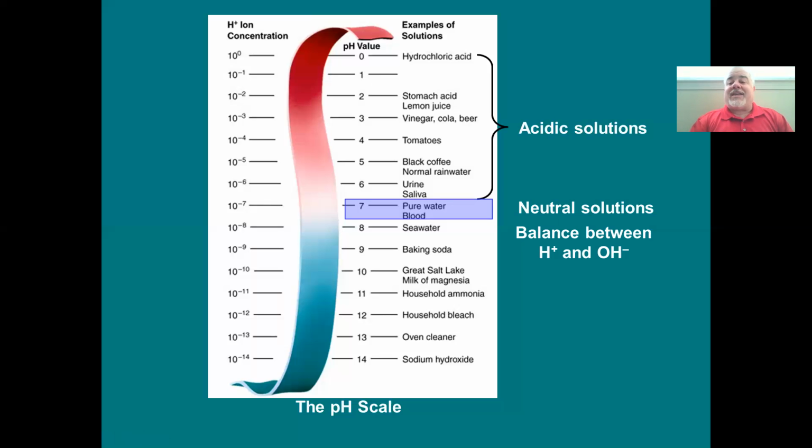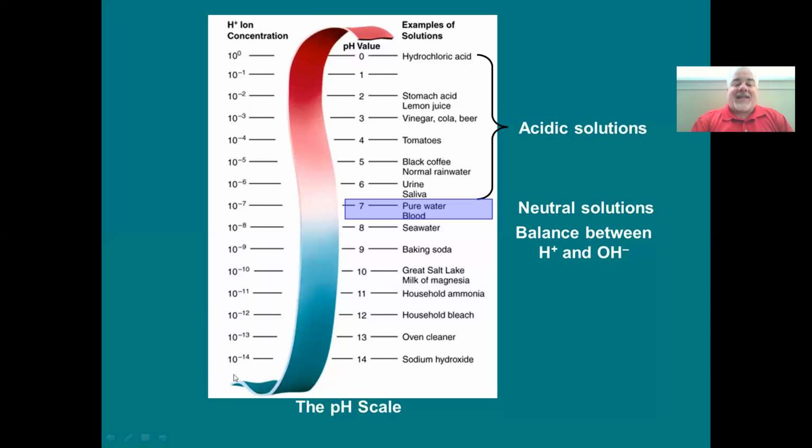Well, literally 10 to the negative 1 is exactly the same as writing 1/10. 10 to the negative 2 is exactly the same as 1/100th. 10 to the negative 3 is exactly the same as saying 1/1000th. All the way down to 10 to the negative 14, which is 1 over 10 trillion, 1/10 trillionth. That's a very low hydrogen ion concentration, 1/10 trillionth.